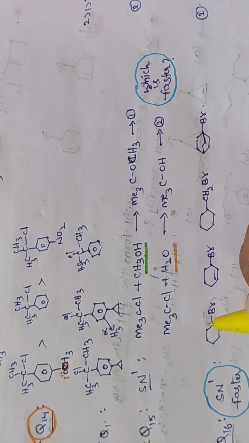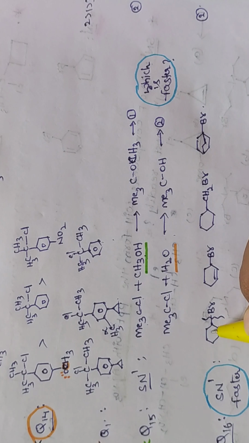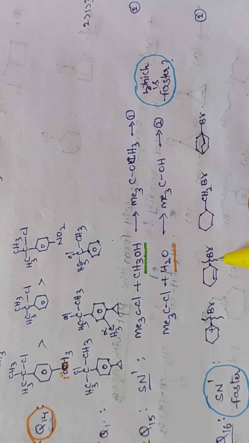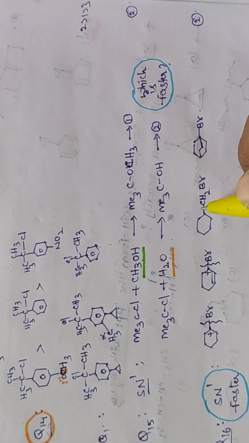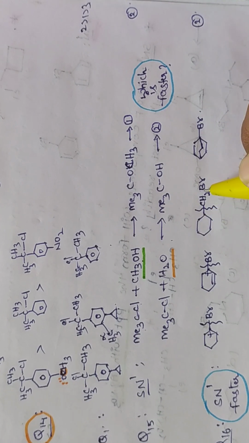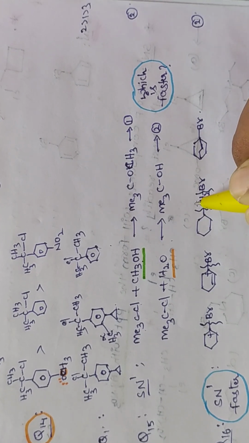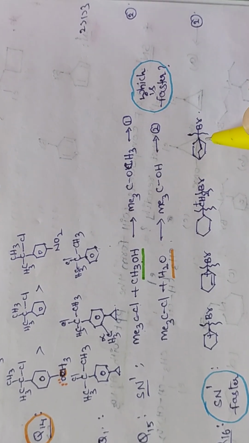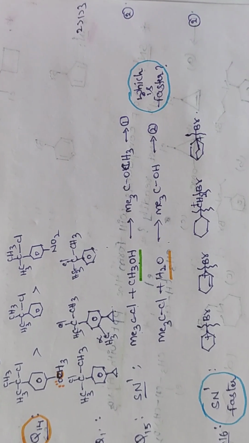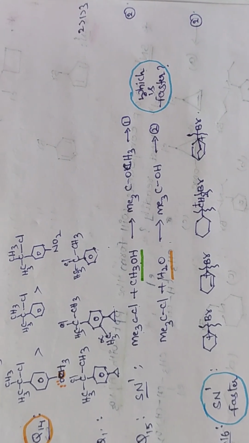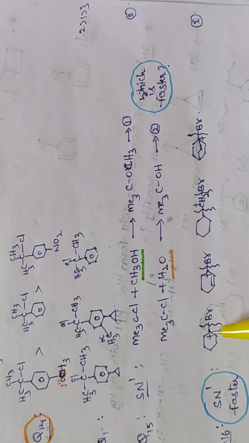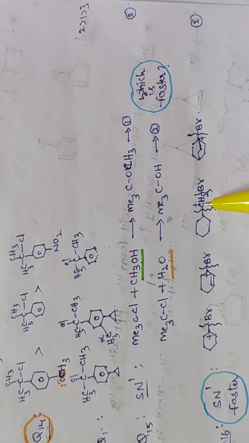Break the carbon halogen bond and form the carbocation. Here you break the carbon halogen bond. Next, here you break the carbon halogen bond. Now which is more stable? See, now this is a 2 degree alkyl carbocation. This is a 2 degree allyl carbocation. This is a 1 degree alkyl carbocation.